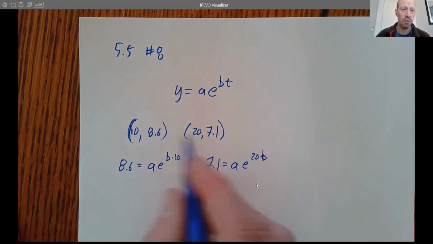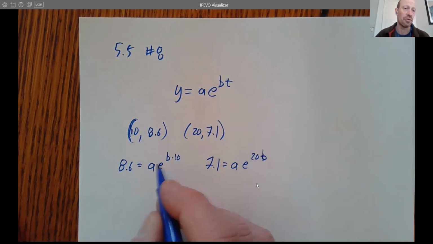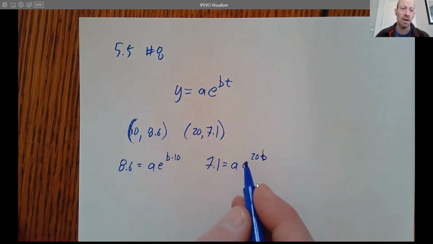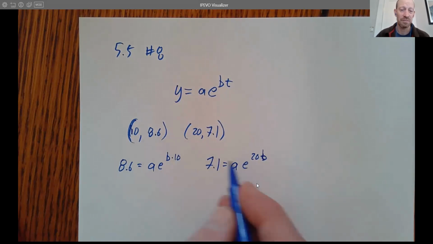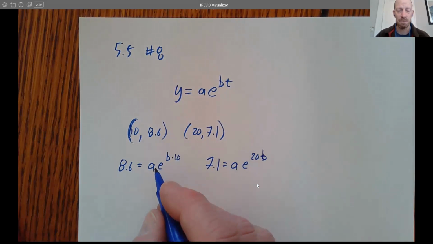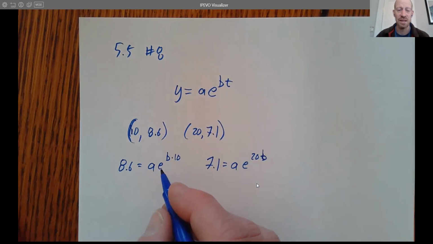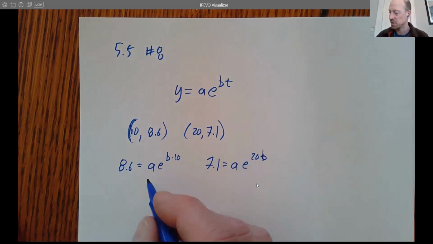So those are the 2 points, and this model should go through those 2 points. So the A and the B should work for both of these. So this is really a system, actually. There's a couple different ways to solve it. I think the easiest is to divide this.